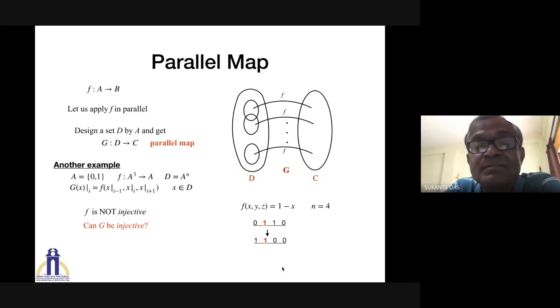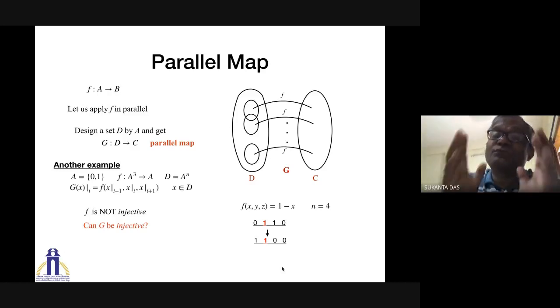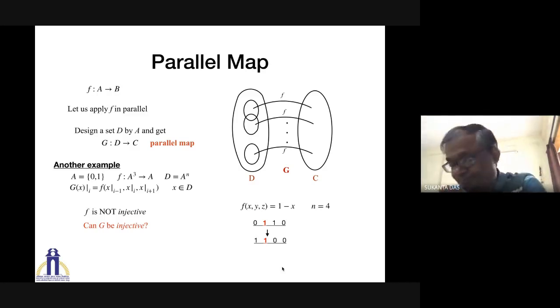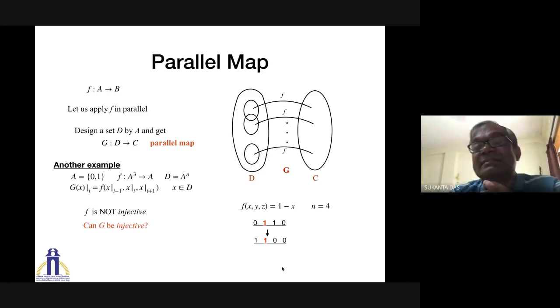So 1 minus x is 0. After applying f in parallel to these 4 locations of this array, I am getting 1100 from 0110. So this G is the parallel map.